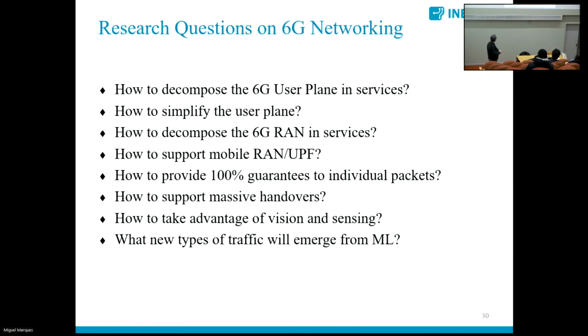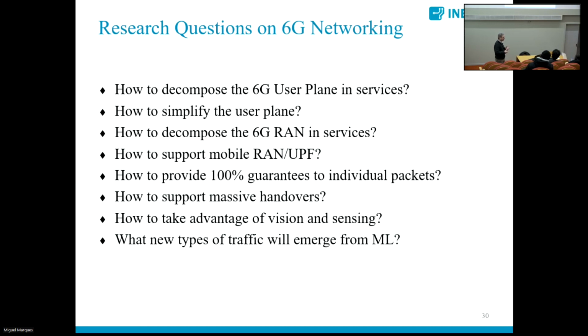So how to improve the user plane of 6G, how to simplify this user plane, how to put the 6G flying, in the sense that we would like to have these functions deployed on top of devices that can move, how to provide guarantees to certain packets and to some traffic, how to support massive handovers, how to take advantage of vision and sensing for communications, and how to start supporting these new types of traffic that are emerging.